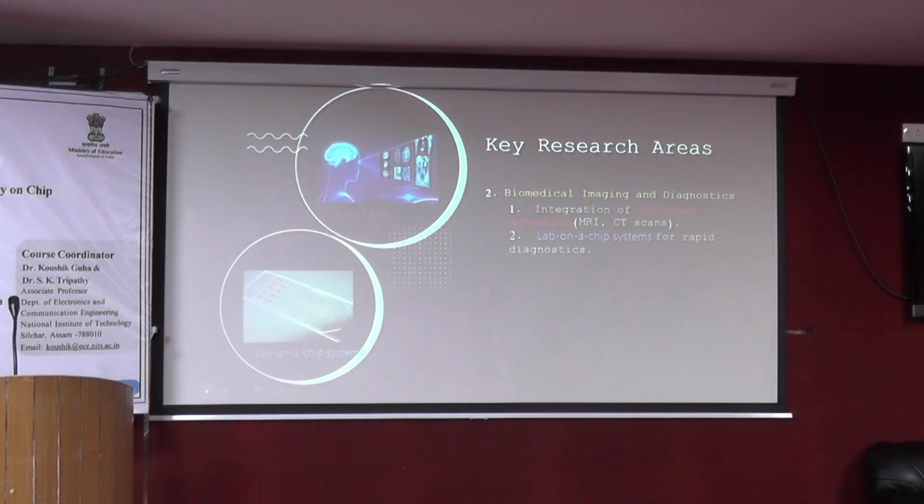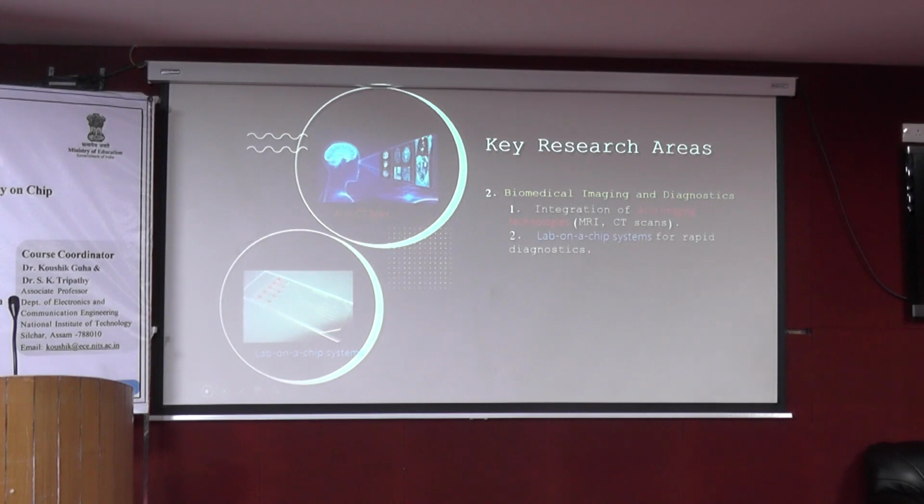Similarly, lab on chips for rapid diagnostics. Lab on chip means the whole diagnostic in a simple, tiny, small microfluidic chamber like this shape. So entire diagnostics can be done. You do not require a very big lab or room. Sitting in this small place, with the help of a small plastic casing this size, using a microliter or nanoliter volume of fluid, you can detect the cause of diseases.